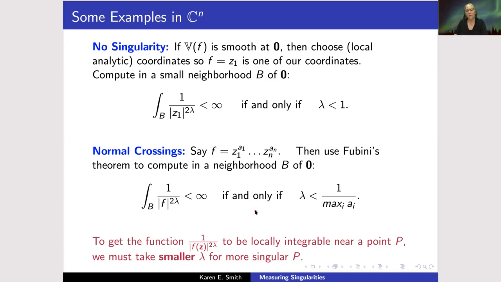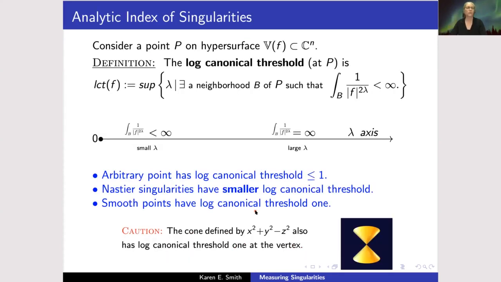And if I have a more singular point, I expect to take lambda to be smaller in order to get the integral to converge. So this leads us to an analytic index of singularities, an analytic measurement of a singular point on our hypersurface called the log canonical threshold.